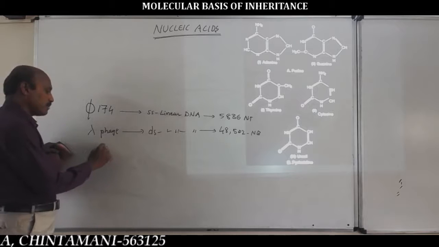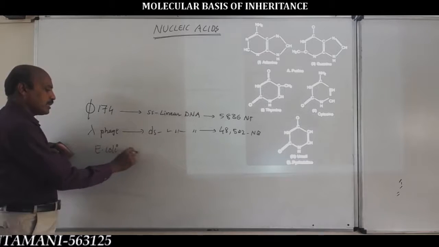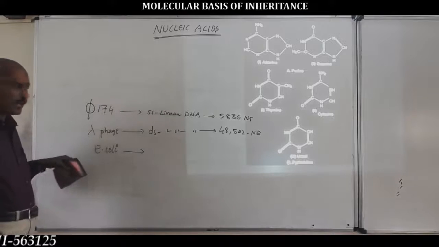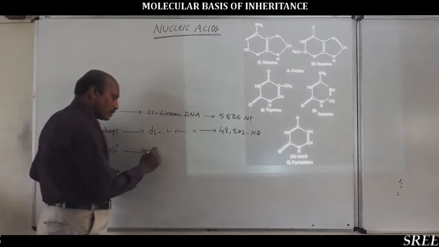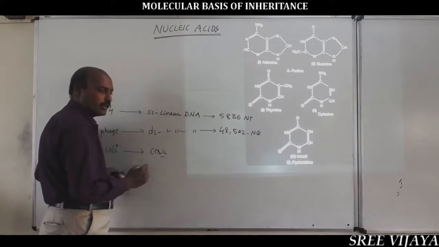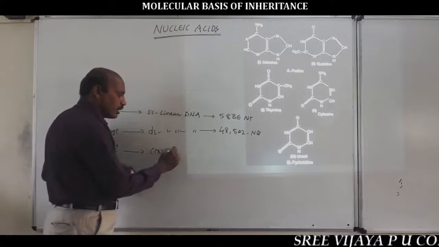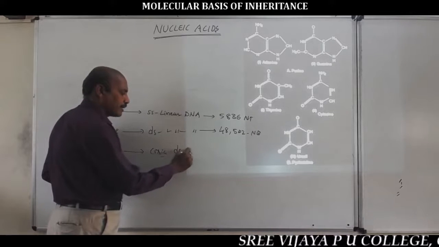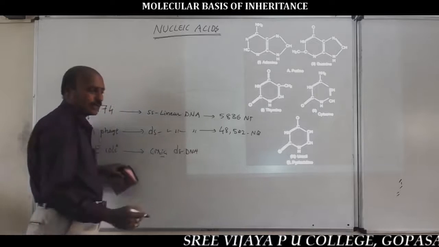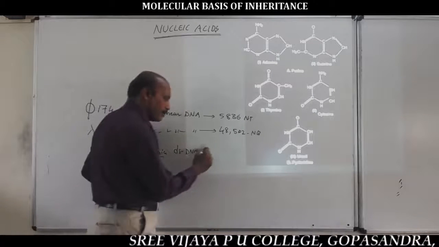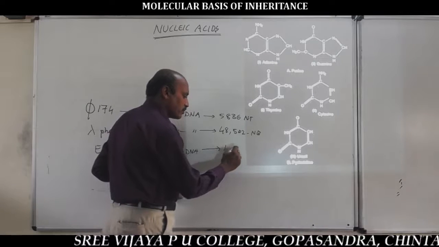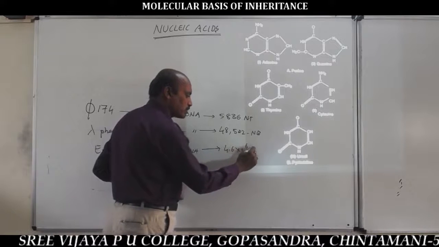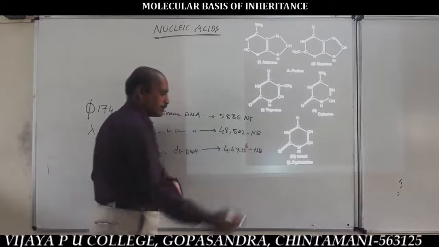Whereas in Escherichia coli bacteria, very important, the DNA is circular, never linear, circular double stranded DNA, having 4.60 into 10 to the power of 6 nitrogen base pairs.